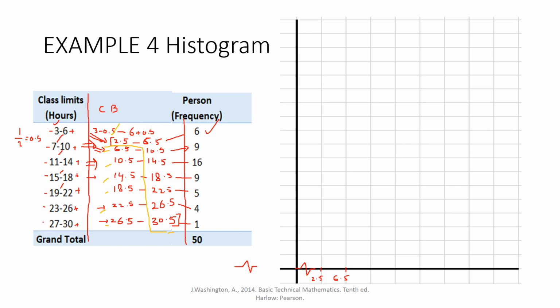So 6.5 is already written, and this will be 10.5. The next one is 14.5. Then 18.5.